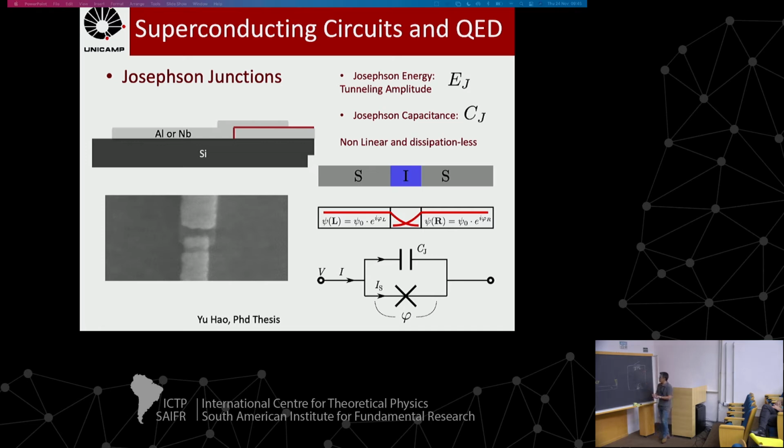Then I turn on my filament again, send electrons again to this region, and evaporate aluminum again. Then I start to deposit aluminum again here.